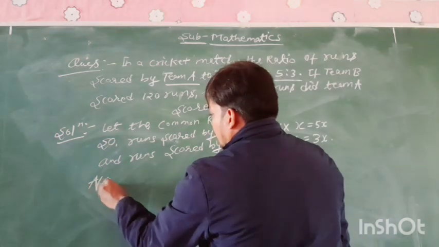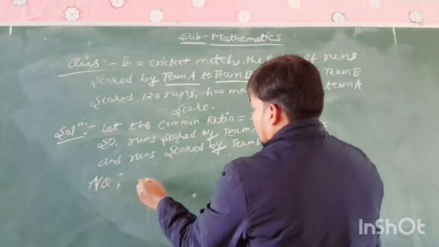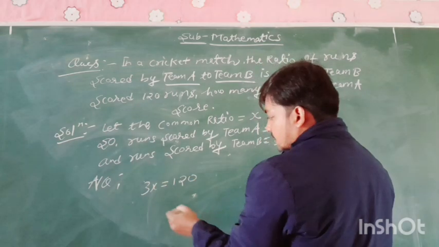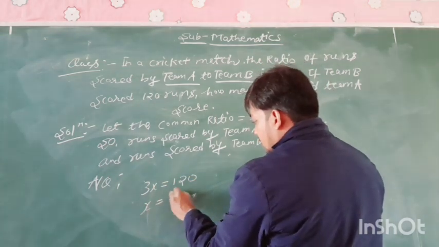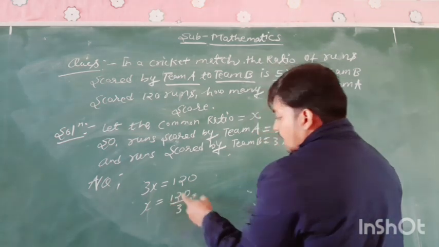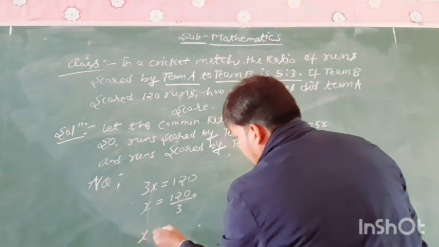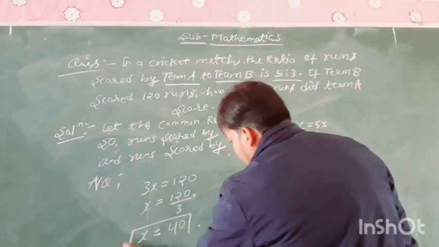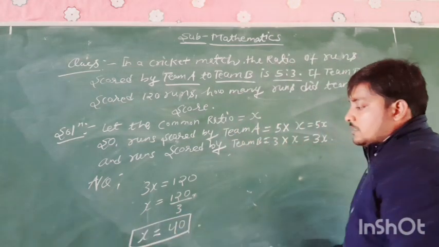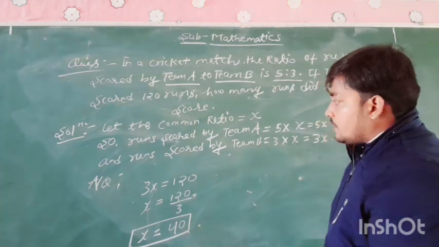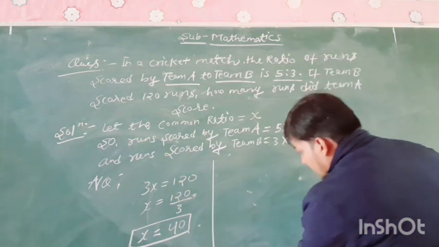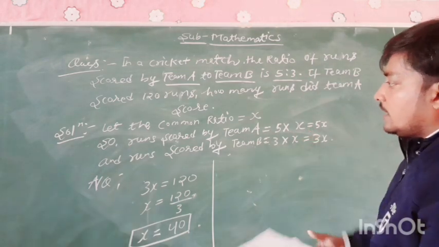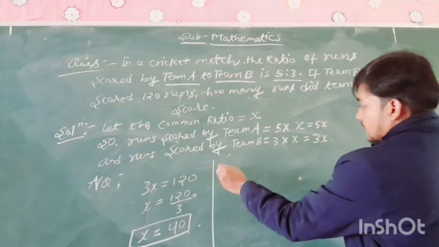So, according to the question, 3x will be equal to 120 runs, and the value of x equals 120 upon 3, and the quotient of 120 and 3 is 40. So the common ratio is 40, and then we have to find the runs scored by team A, which is 5x.